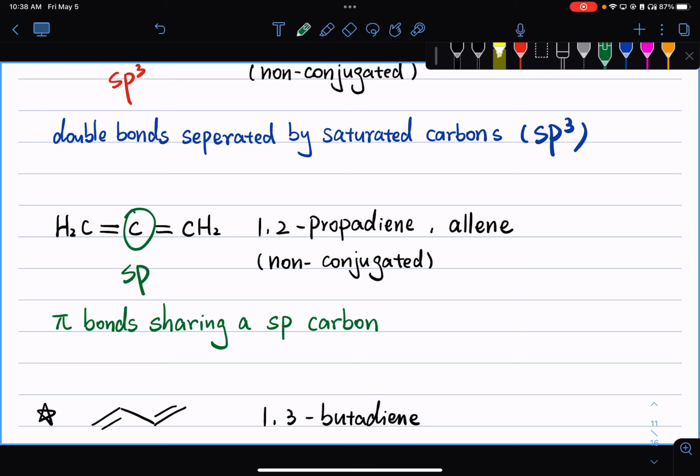If you think about the pi bonds in this compound, they will be perpendicular to each other. So they're not overlapping with each other. That's why they're not conjugated, or not delocalized over the entire molecule.